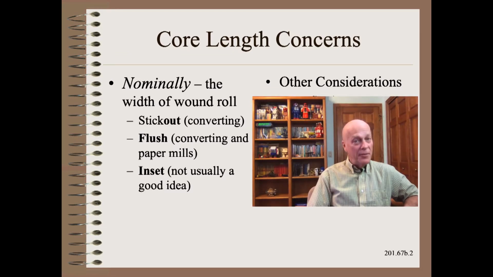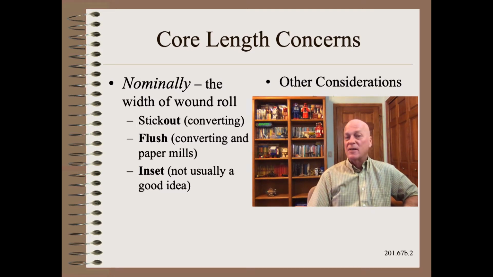Here are just a few of the concerns that involve core length. The first is that the core length will be approximately the width of the wound roll as ordered by your customer. However, as we will see in the next slide, even this is not a simple concept because we must choose whether to have the cores noticeably wider than the roll, as is common in converting, or flush, as is the case for most rolls.